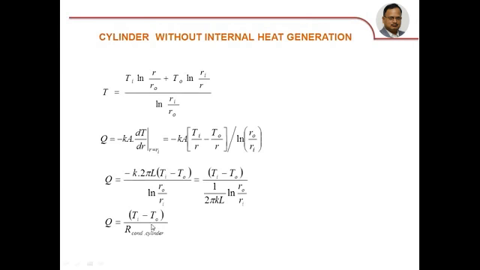So already we have seen this equation for a cylinder without internal heat generation. Q equal to delta T by conduction resistance, and the conduction resistance for a cylinder is 1 by 2 pi kL log R0 by Ri.